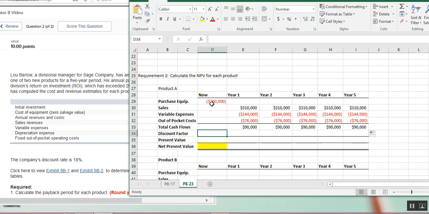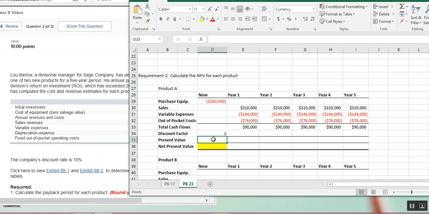This one, the $260,000 investment, is actually happening in the present, so the present value of that one is $260,000. So you can put this in if you want, or you don't have to, but the discount factor of that is 1. The purchase of the equipment is worth whatever we paid for it times 1, which is whatever we paid for it.